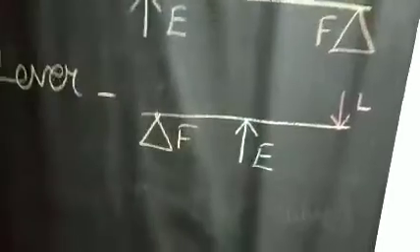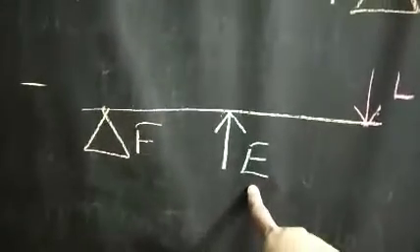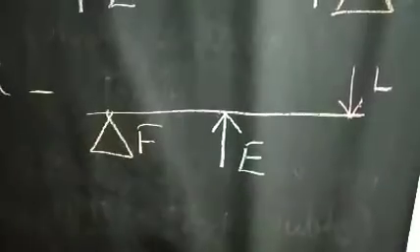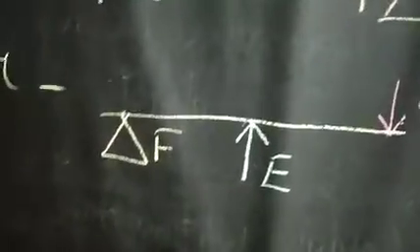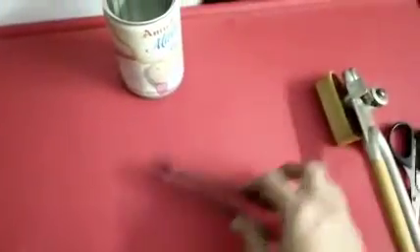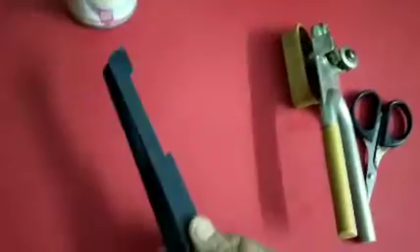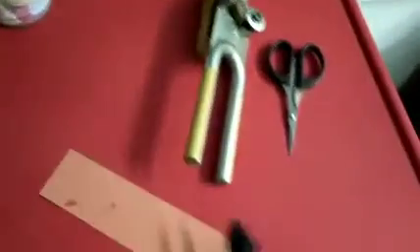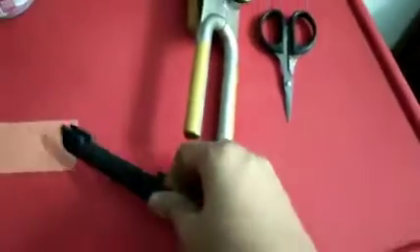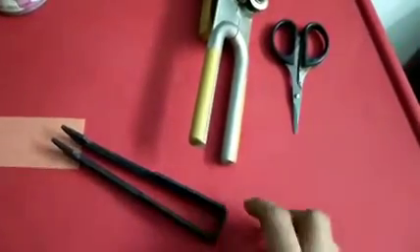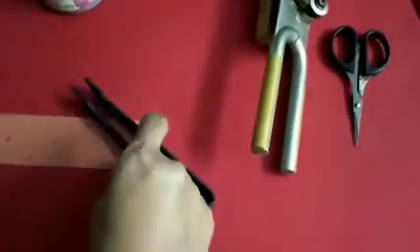Next is class 3 lever. In class 3 lever, what is in the middle part? It is effort. And fulcrum and load will be on either side of the effort. So for that, we will see one example here. This is a tongs. Alright, this is a tongs where we try to take the object. If you want to take the object, we put the load here, okay, and we put the effort in the middle part.